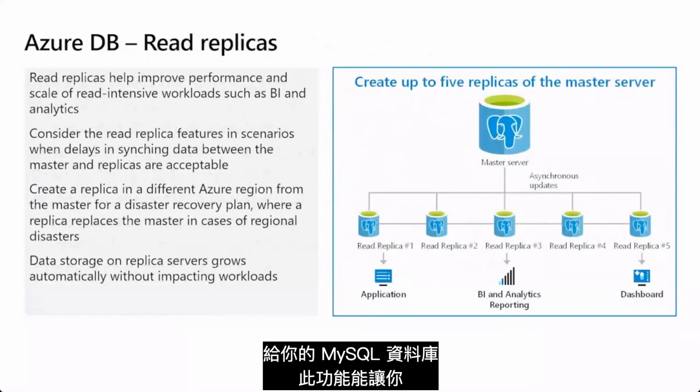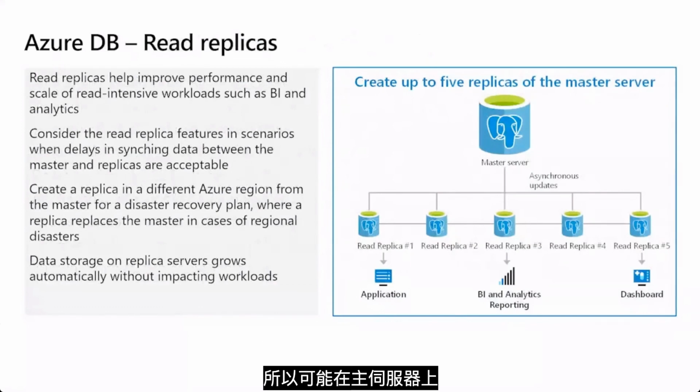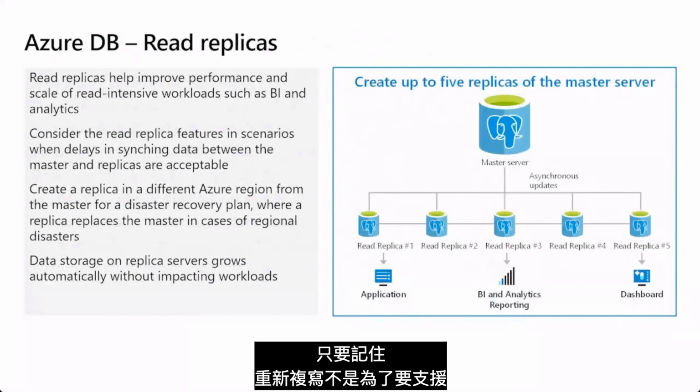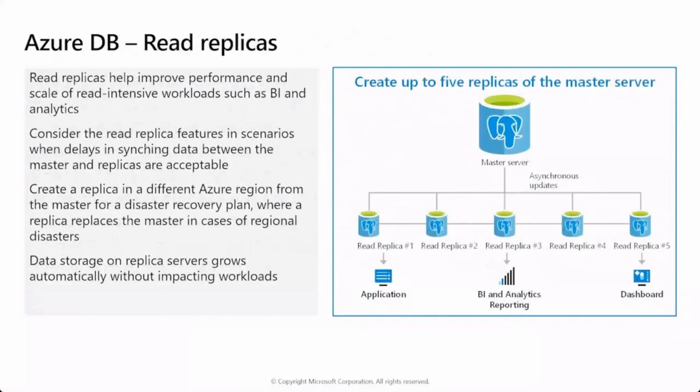And this feature enables you to geo-replicate data across regions and distributes the overhead associated with read-intensive workloads. So replication is asynchronous from the master server. So there might be some lag between when records are written at the master to when they become available across all the replicas. Just remember though, replication isn't intended to support write-heavy workloads.